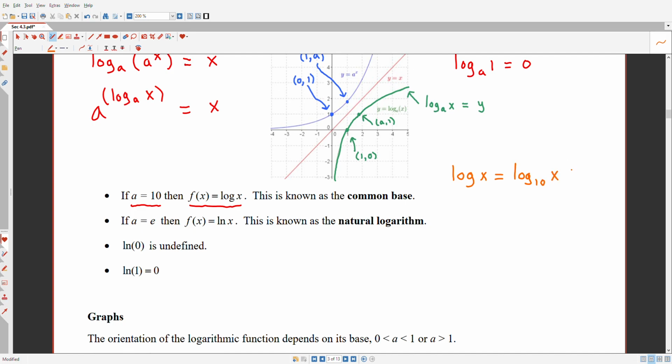So this is the inverse of 10 to the x. Similarly, when a is our natural base, e, the inverse of e to the x is written ln. It's pronounced the natural log of x. And that's the way we'll write it. It means the inverse of e to the x.